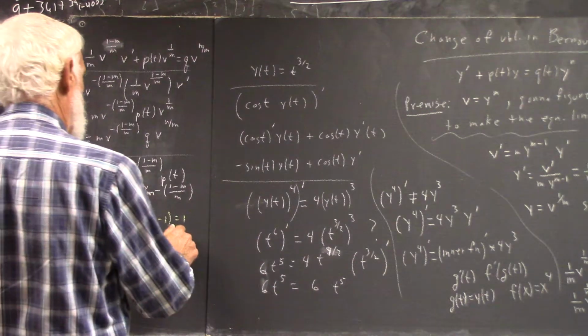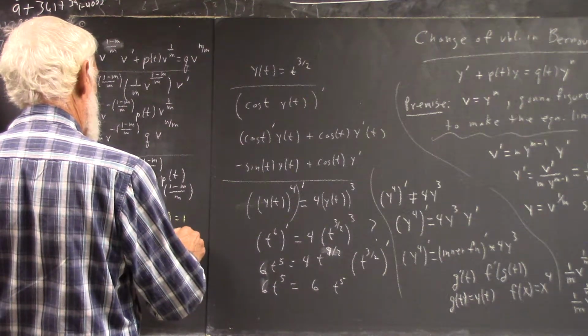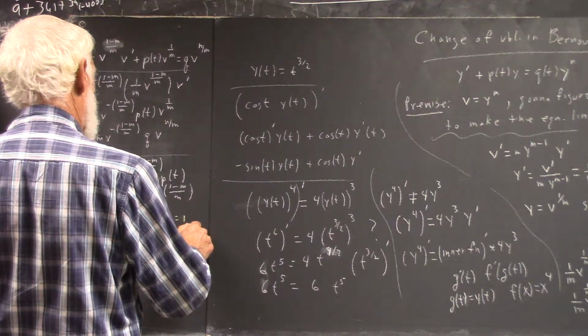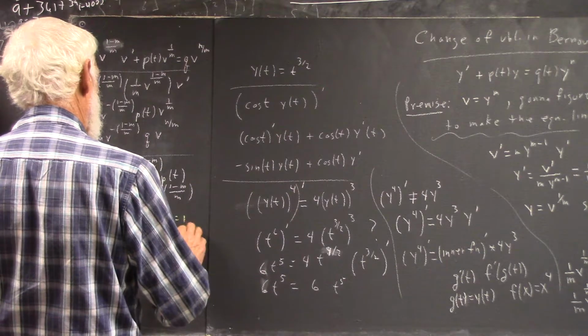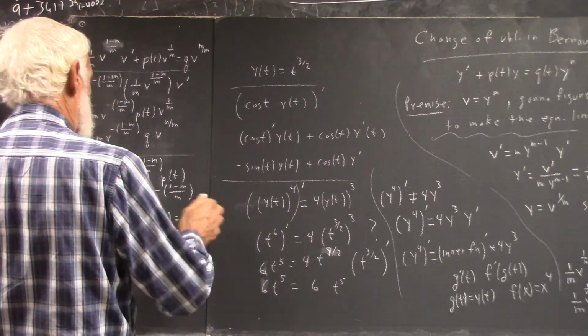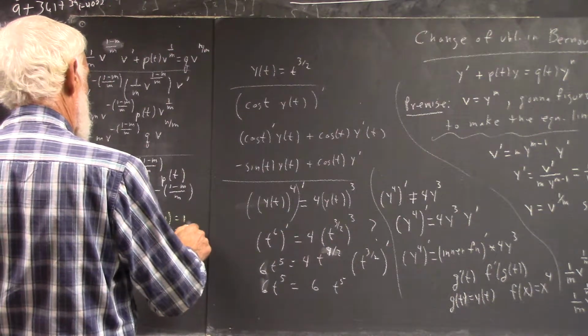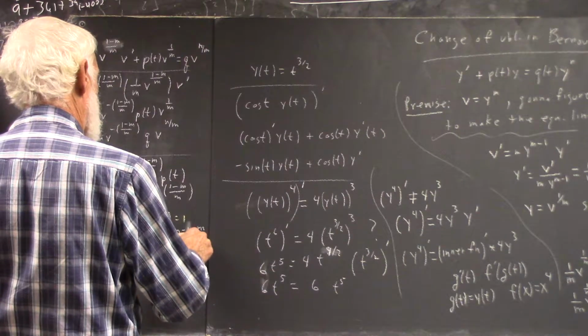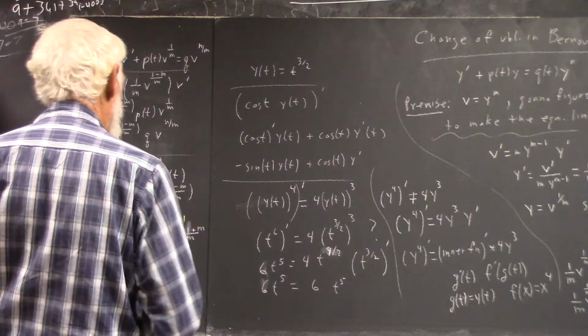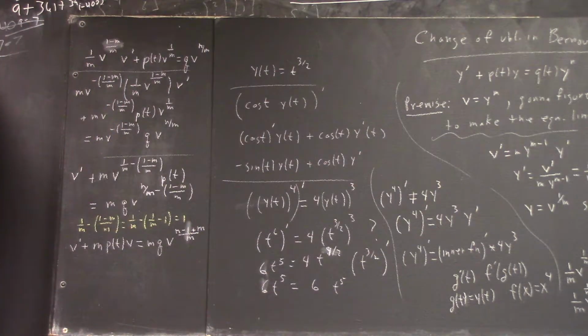And that's going to be v to the n minus the quantity m minus 1 plus m over m. Okay?